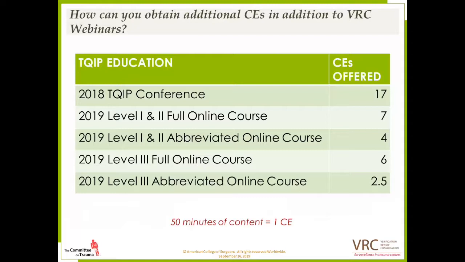And I understand that not everybody can go to the TQIP conference. It's time away, and it costs money and everything. I get it. But we do offer 2 online courses, which are dependent upon the level of trauma center or enrollment you are with TQIP.